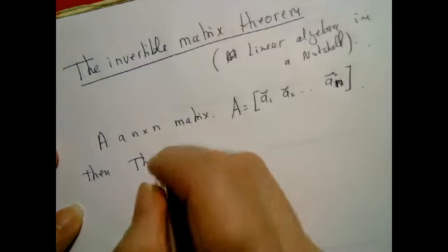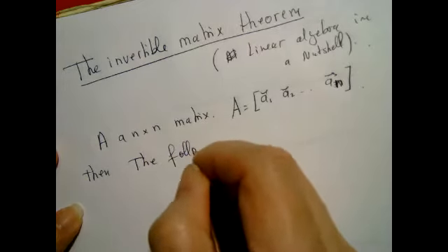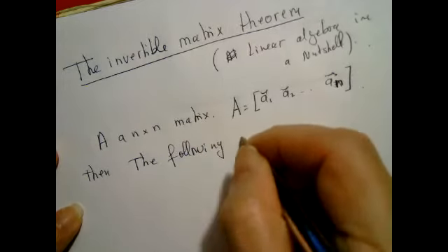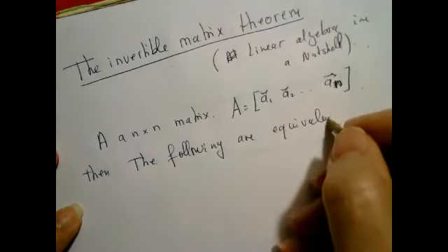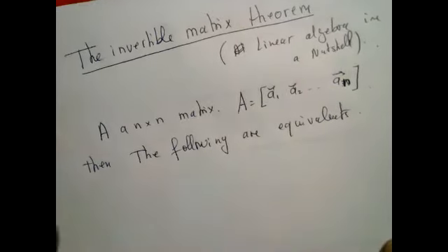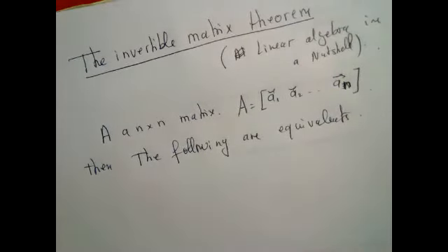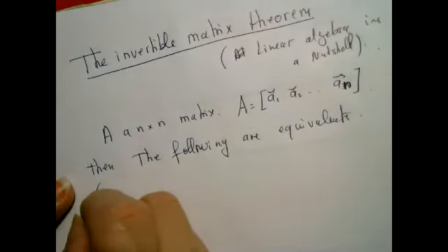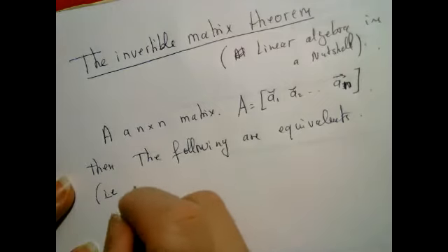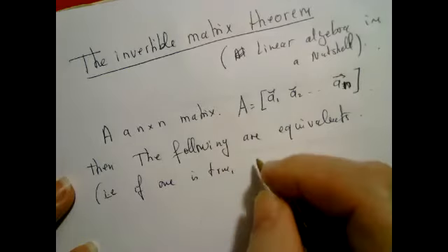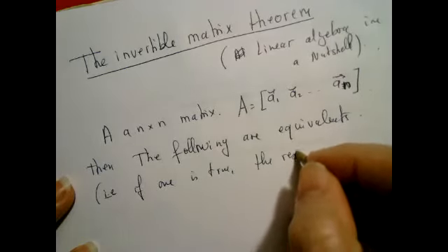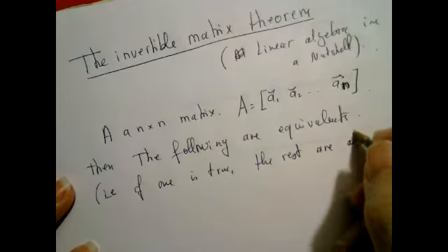Now, what does this mean? The following are equivalent. I'm going to give you a bunch of statements. They are equivalent. It means if one of the statements is true, the rest are also true.